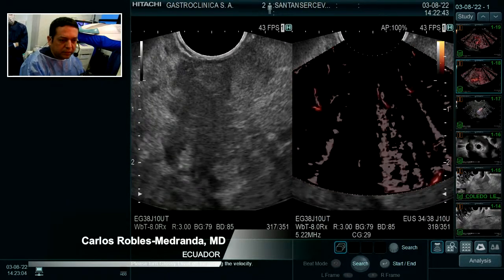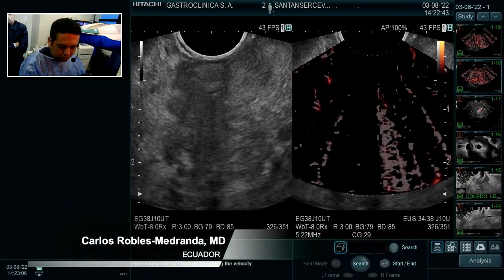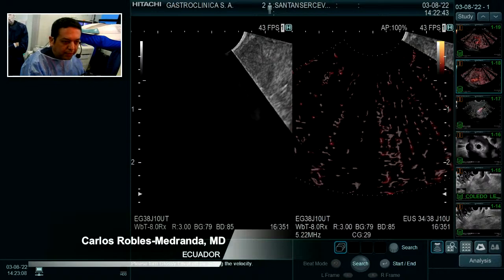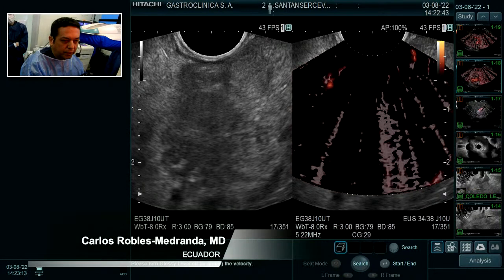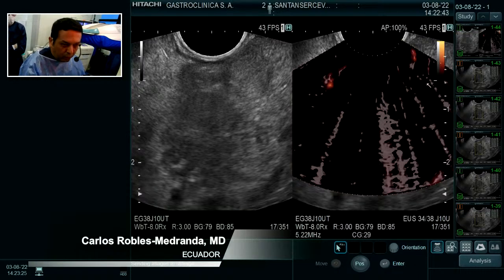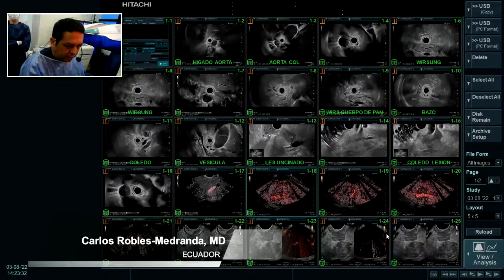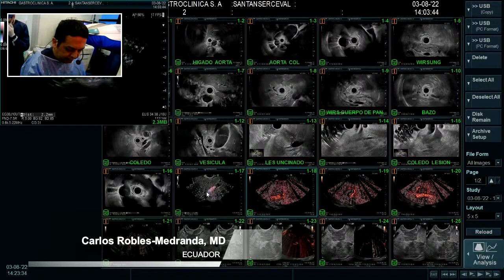So I would like to show you a little bit the technology and the quality of what we are looking at here. This is microvascularization. This cannot be seen normally by the e-flow or the Doppler. As you can see here, for example, I will show you some image that I took from the same region.